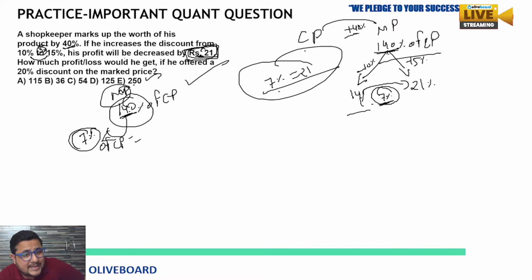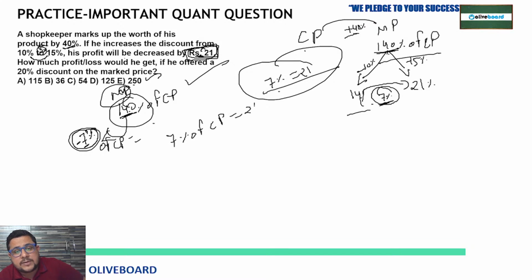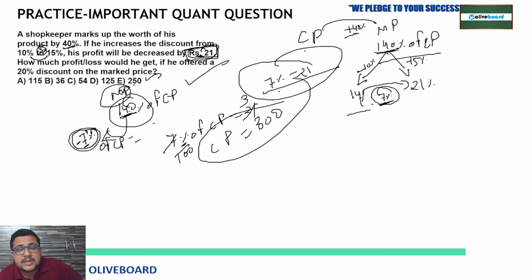So due to this extra discount, 7%, 21 rupees is reduced in the selling price. So this 7% of the cost price is going to be equal to 21. So the cost price would be 21 by 7, multiplied by 100. So the cost price is going to be 300. Clear? Cost price is going to be 300.